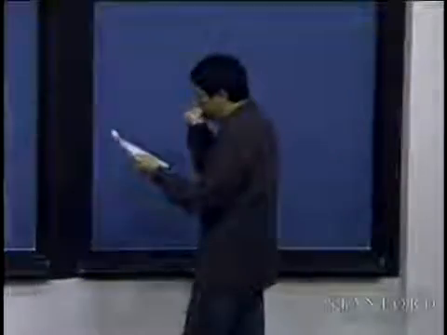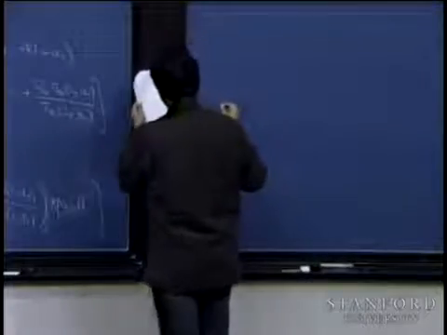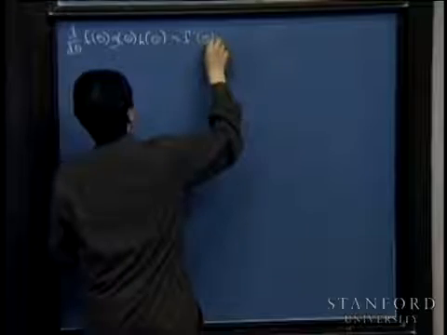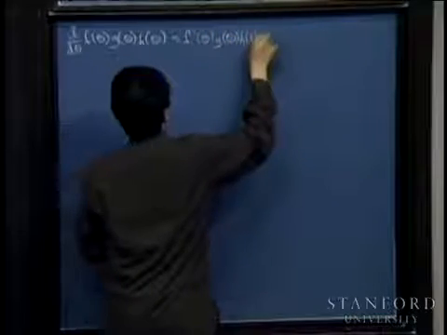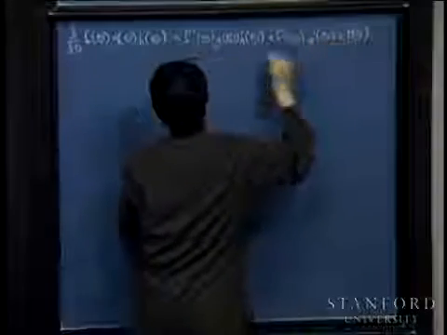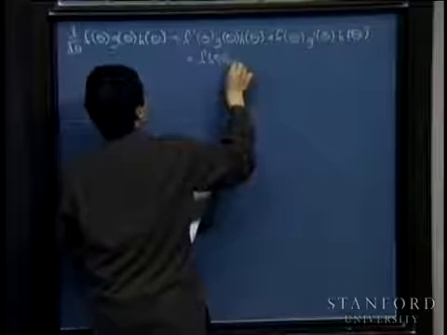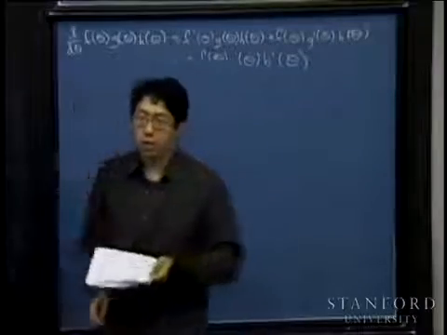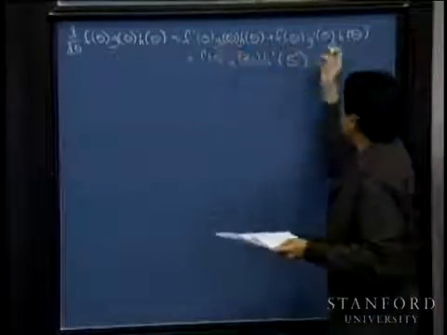Okay. So before I do the derivation, let me just remind you of the product rule for differentiation, in which if I have a product of functions, then the derivative of the product is given by taking the derivatives of these things one at a time.